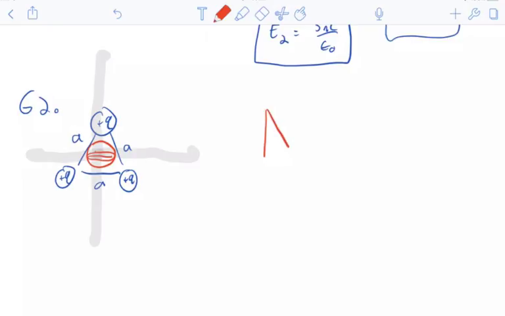So if you have a triangle here, this is A over 2, and this is A, and it's an equilateral triangle. What's the height to the center?